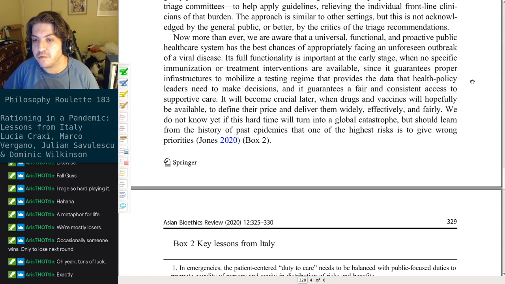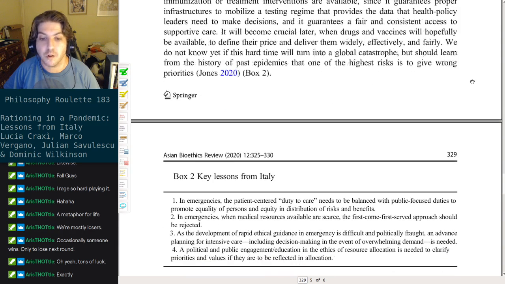It will become crucial later when drugs and vaccines will hopefully be available to define their price and deliver them widely, effectively, and fairly. We do not yet know if this hard time will turn into a global catastrophe, but we should learn from the history of past epidemics that one of the highest risks is to give wrong priorities.